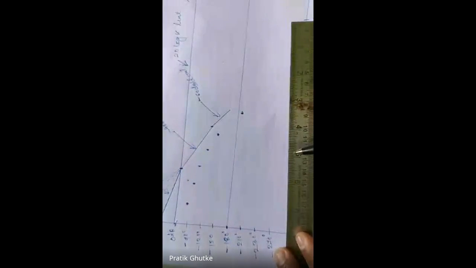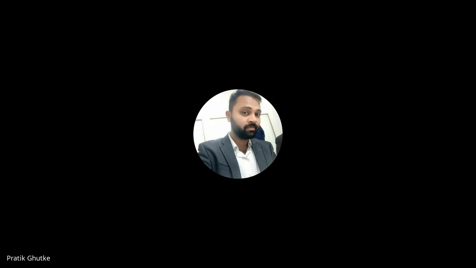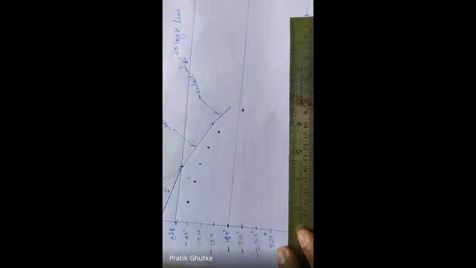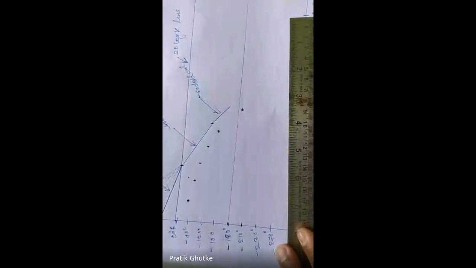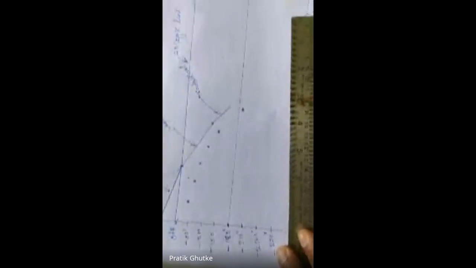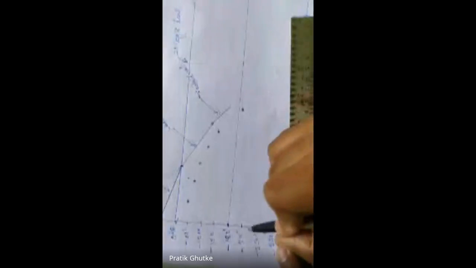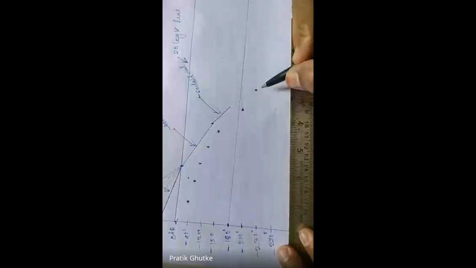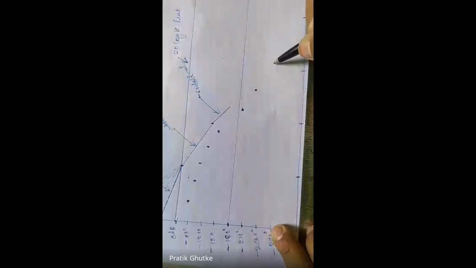Then minus 219, which means around here. Then minus 257.54, around here. Then minus 263.7.